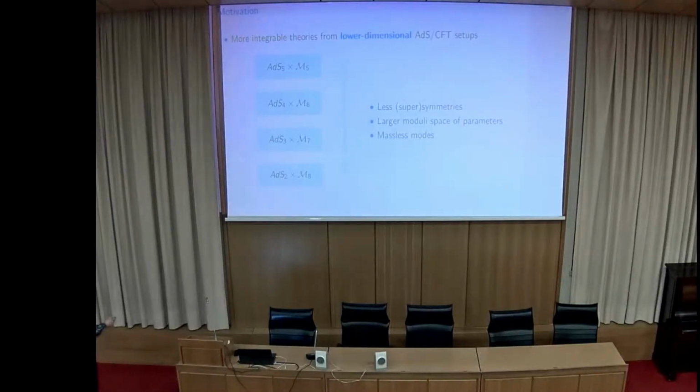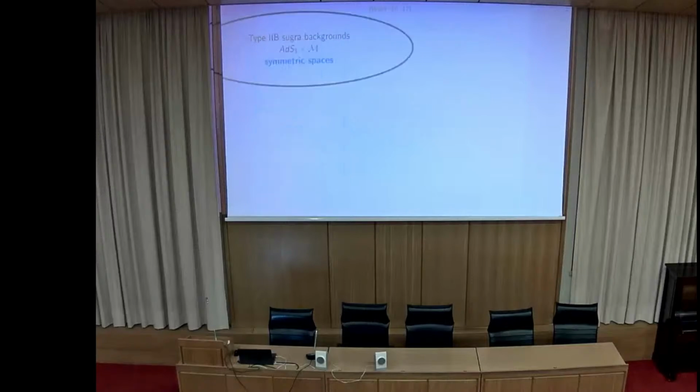In particular, in this talk, I will focus on the case where there is a 3-dimensional AdS space. This has been looked at especially by Linus Wulff in a set of papers, where he tried to classify all type IIB supergravity backgrounds that contain such an AdS3 factor.